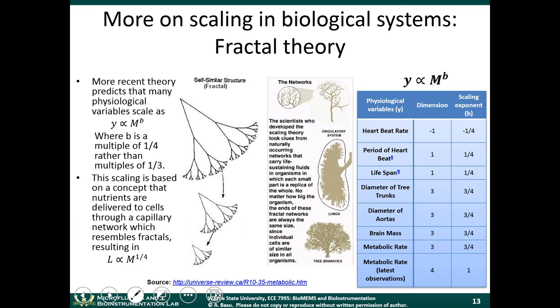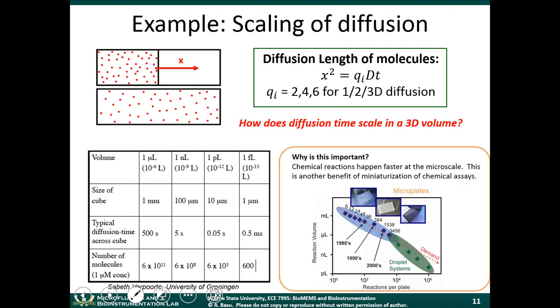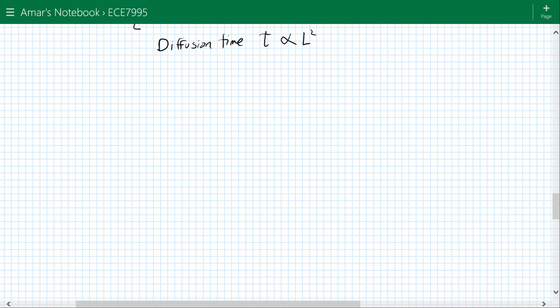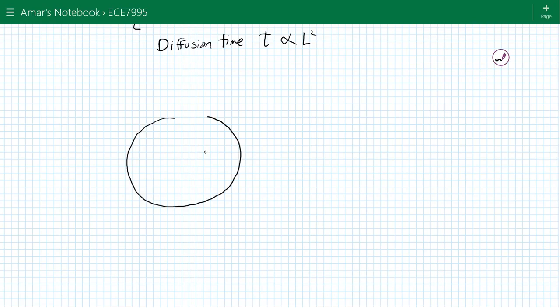We just looked at diffusion. All right, we were talking about tumors last time. Suppose we have an organism that's composed of a bunch of cells like this. I'm not going to draw all of them, right? So we have a cell in the middle here, and this is the environment.